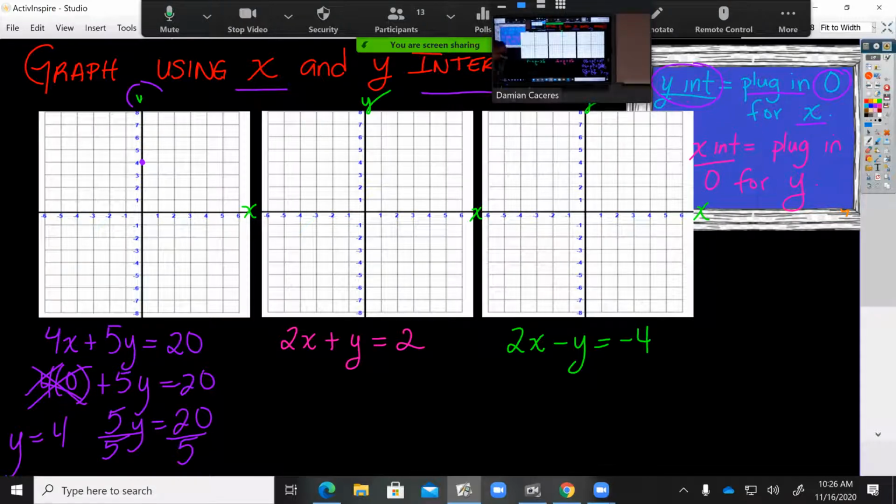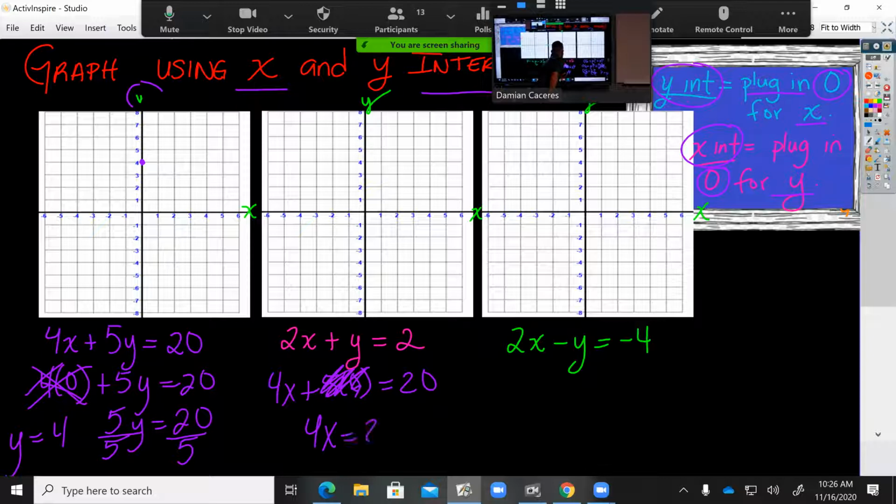Now I do the same thing, but instead of plugging in a 0 for x, I want to find the x-intercept. So I need to plug in a 0 for y. So we write the same equation down, but wherever the y goes, we're going to put a 0 instead. Now look what happens again. 5 times 0 is 0. It disappears.